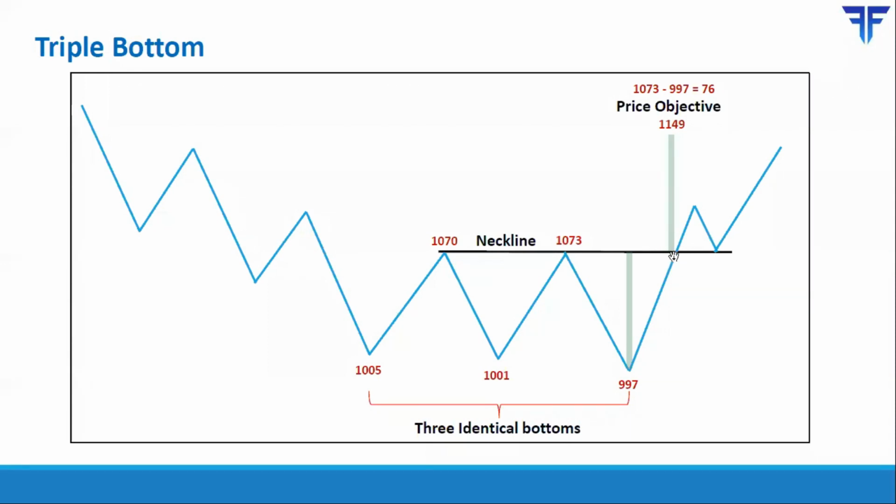So when price breaks above the neckline, it suggests that you should be buying that particular security. Again, you calculate your targets similarly. You calculate the vertical distance between the bottom and the neckline, and that distance you add to the neckline to arrive at the minimum price objective.